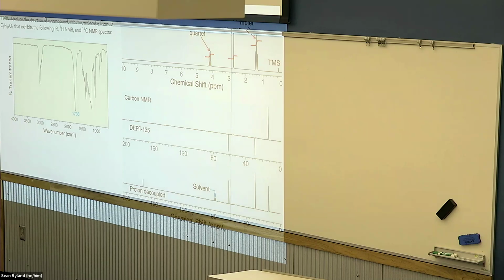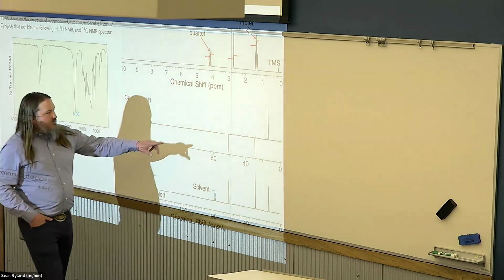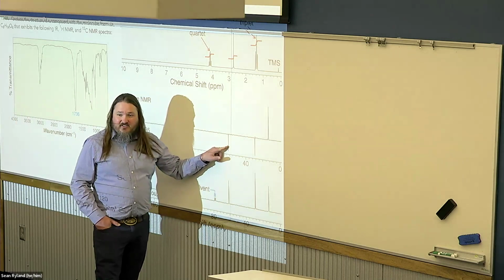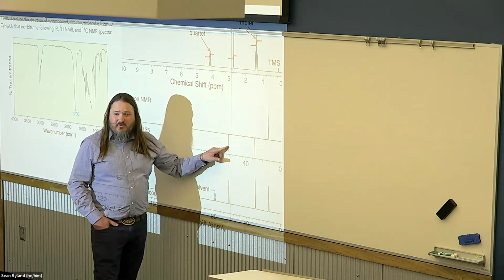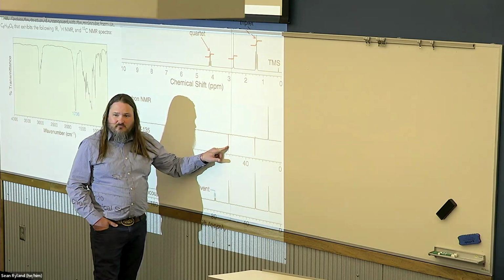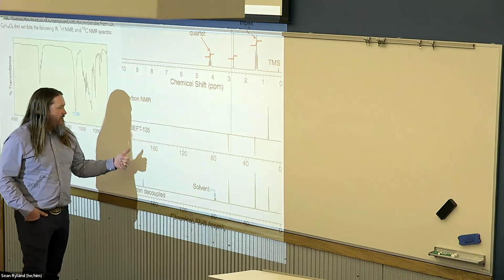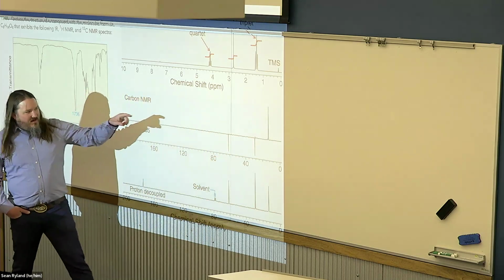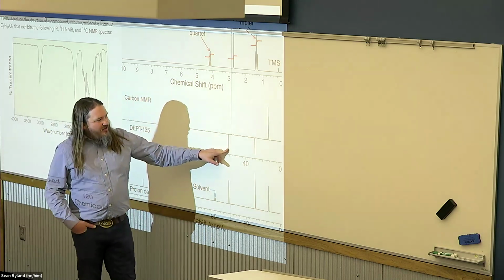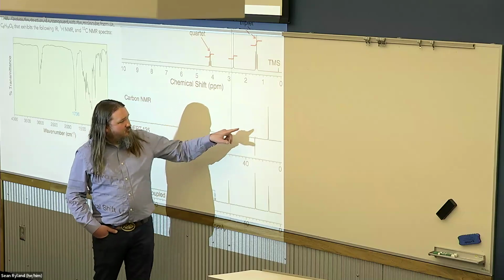If it is turned downward, that means it's 2 hydrogens, CH2. It had a flat line for no hydrogens, so no hydrogens won't show up. Down means an even number of hydrogens, so CH2, and up is 1 or 3.